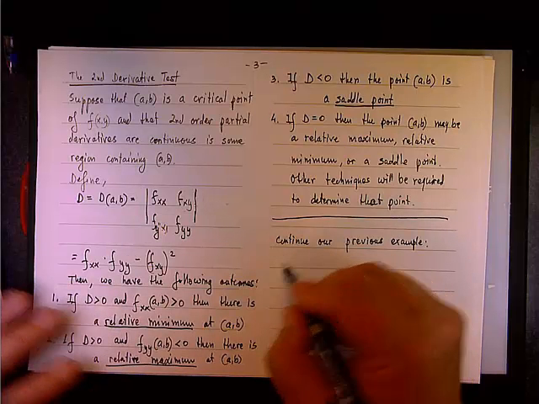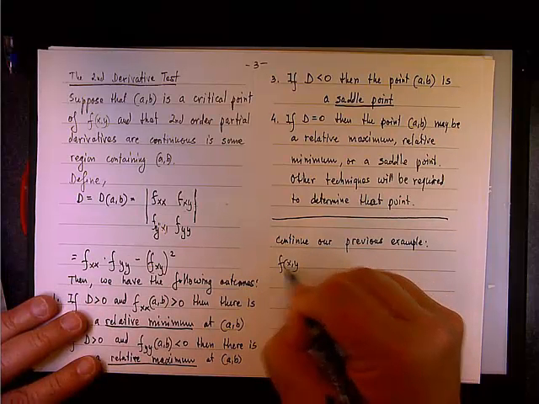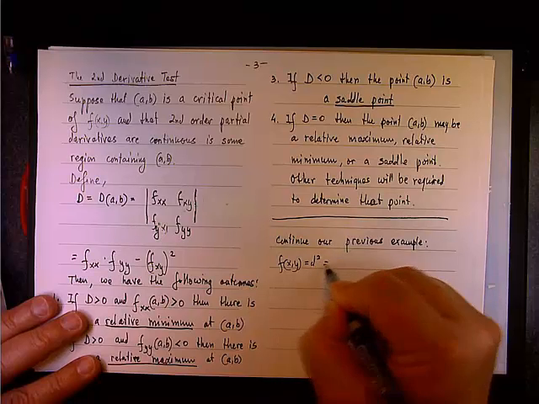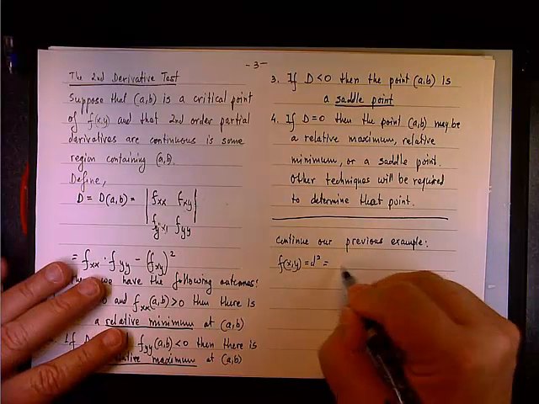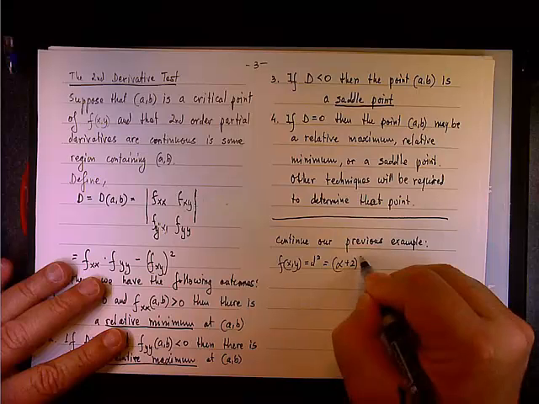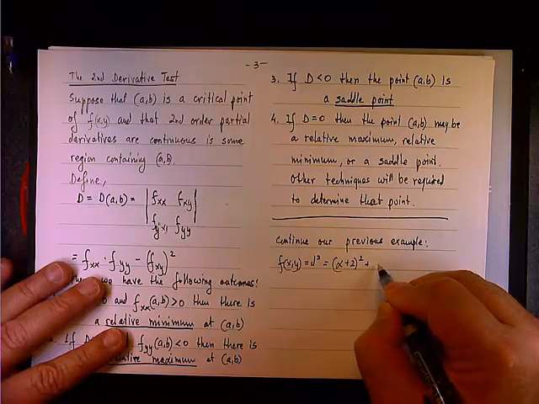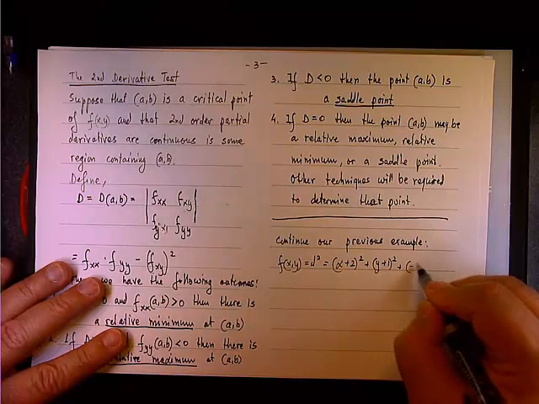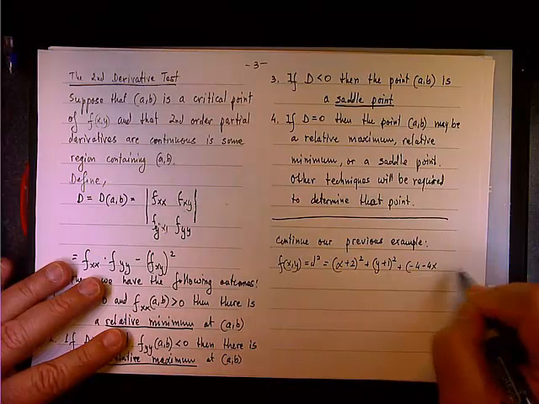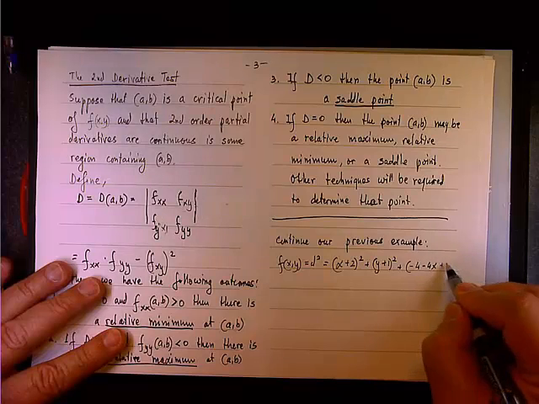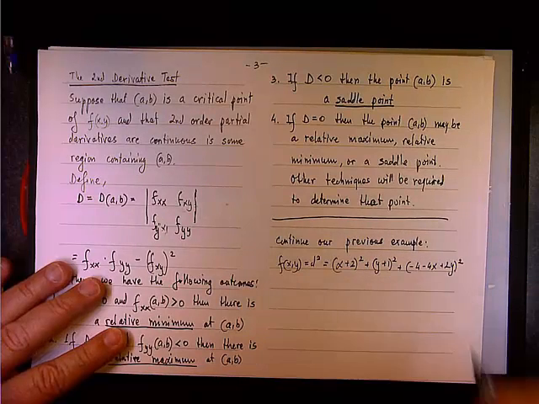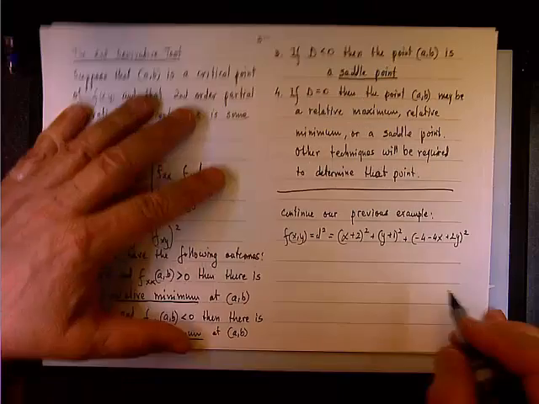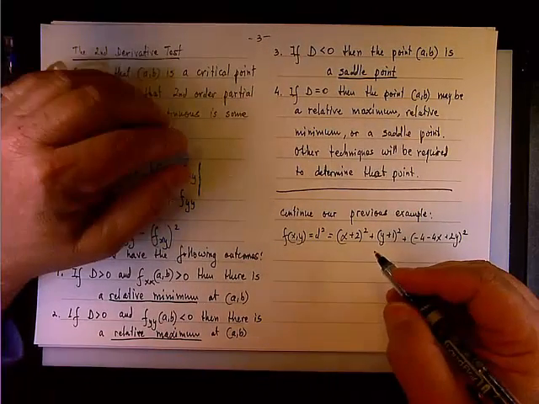Okay, we have the distance squared, the function f of x y, let's write it: (x plus 2) squared plus (y plus 1) squared plus (negative 4 minus 4x plus 2y) squared, right?